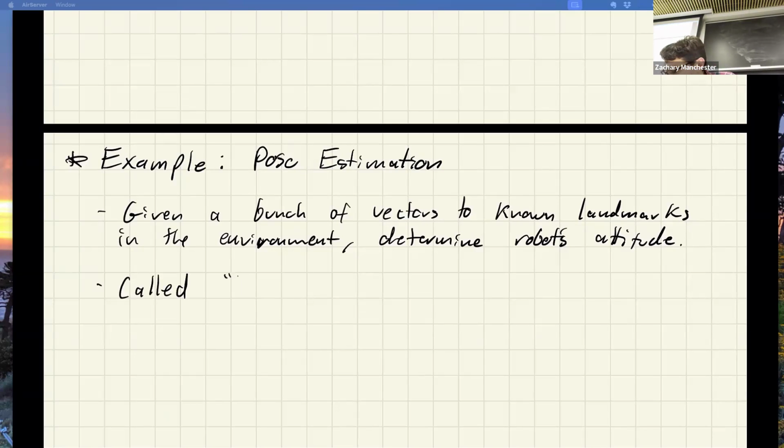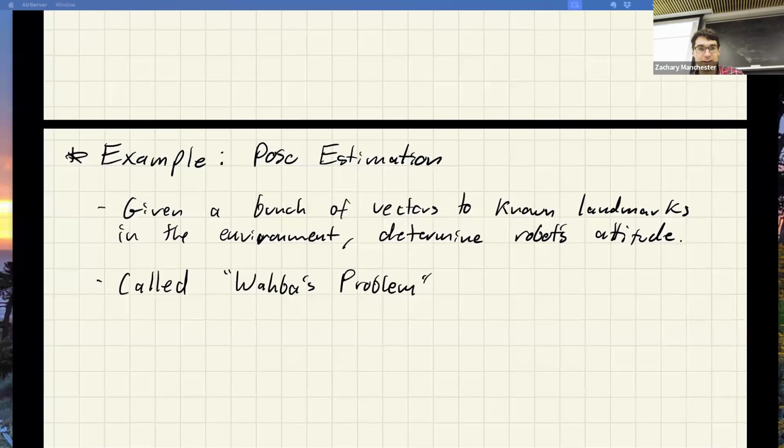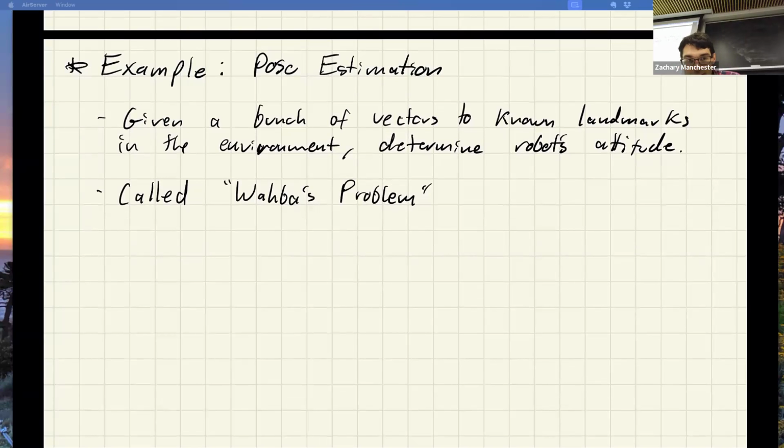So let's see. Okay, so here it is written out in math. It's a least squares problem for the attitude, the Q, and it has this cost that we're going to minimize, which is a least squares loss. So let's say we have m of these vectors, and this is what the least squares cost looks like.